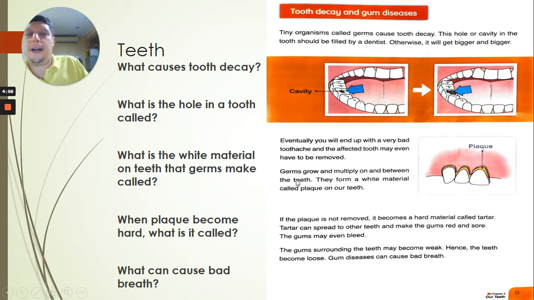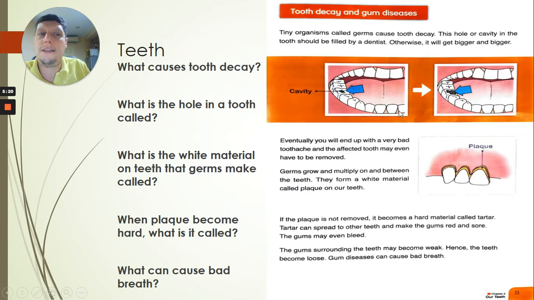Okay, let's look at this part. Germs grow and multiply on and between teeth. So if we have a look at the picture here, this cavity has been caused by germs on the teeth. But also germs can get between your teeth. So you see down here, you can see where the gum is.